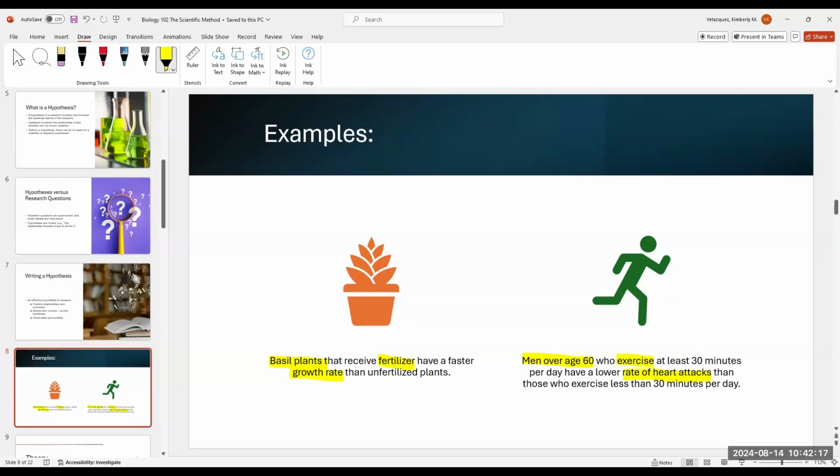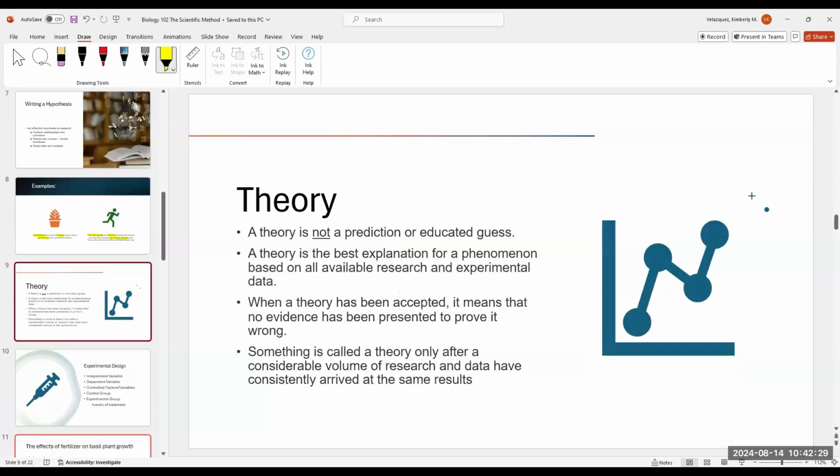It's also really important to note that in science, a hypothesis and a theory are two very different things. So a theory in science is not a predicted result. We use the word theory in everyday speech in a very different way. We can say, I have a theory about why my car isn't starting this morning.